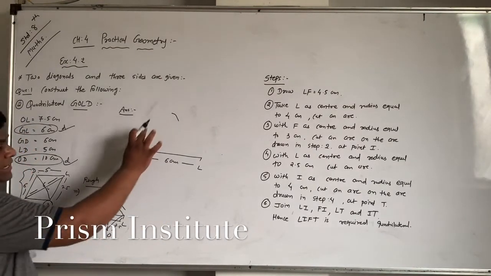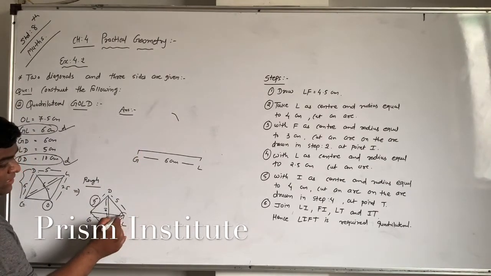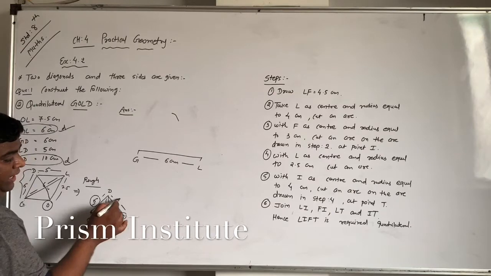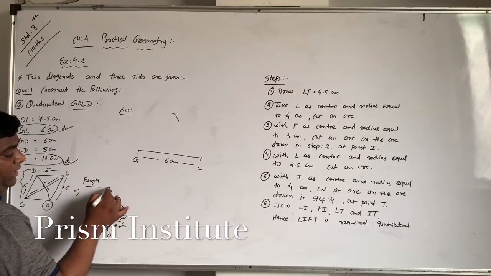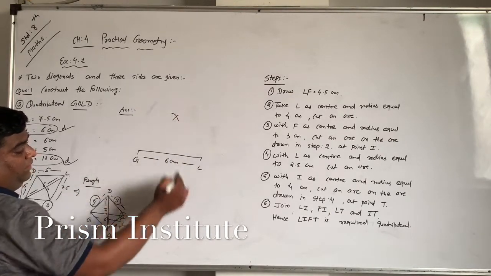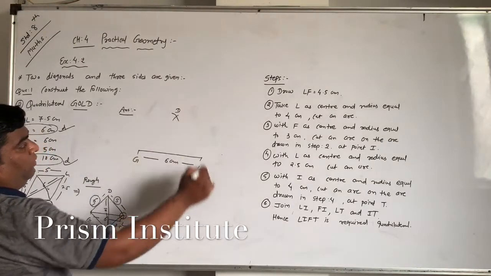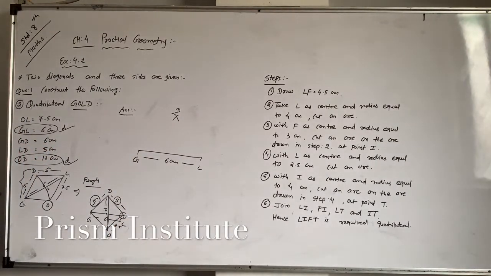So that is the 6 centimeter arc here. Now in the same way, with L as a center, take radius 5 centimeter and cut the arc in the same plane. Now we give the name D to the intersecting point.